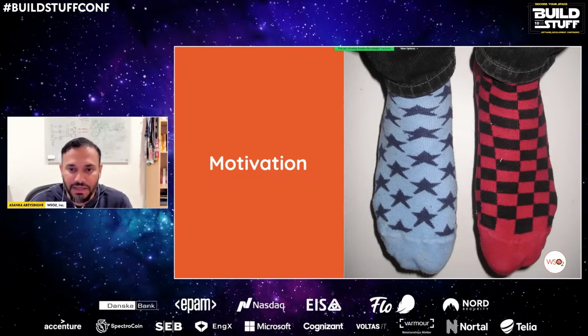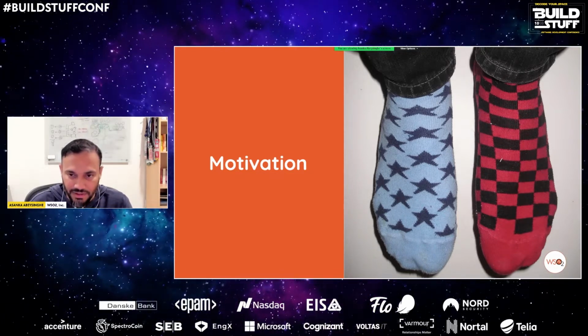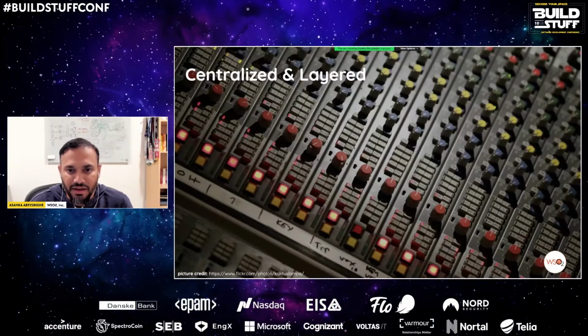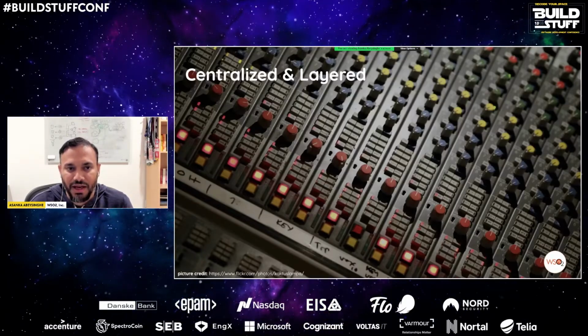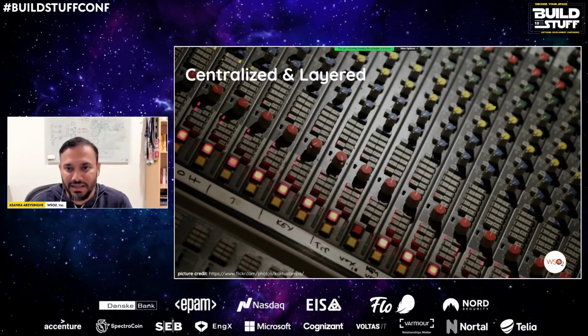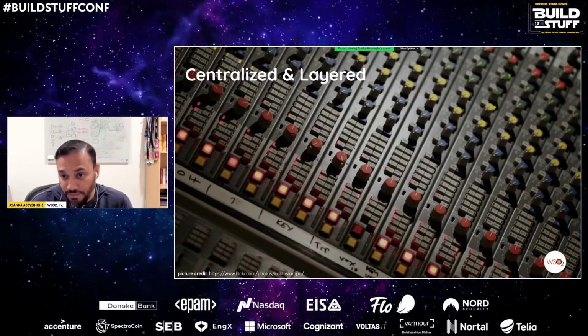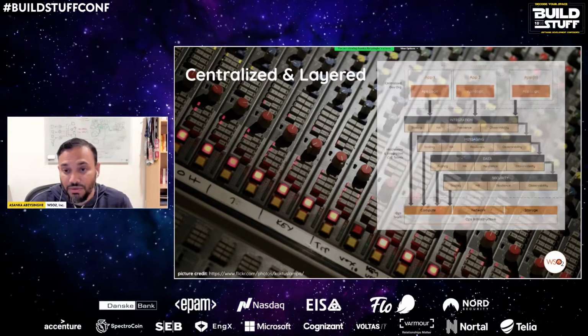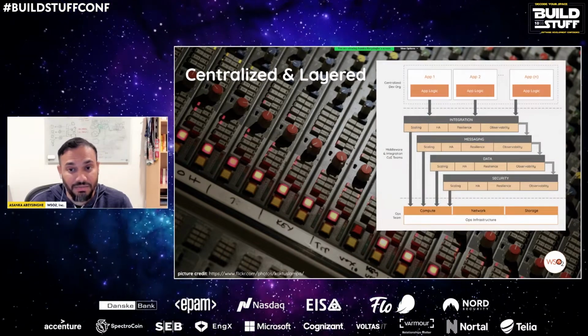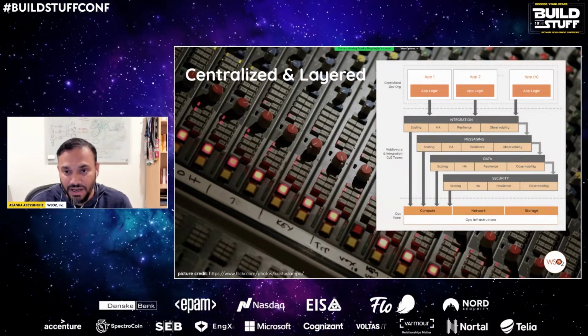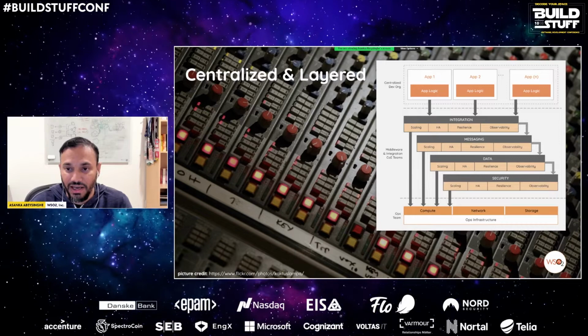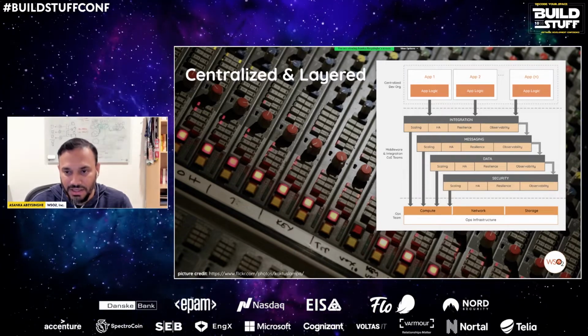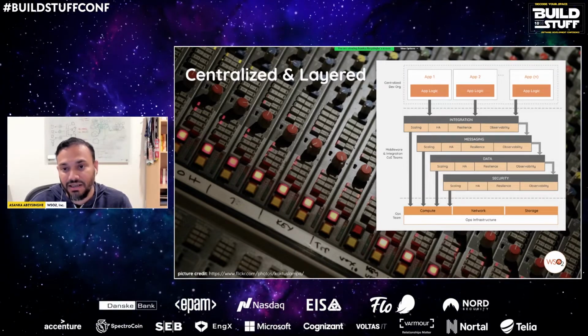That mismatch was my first motivation. Then, most of the architecture styles are centralized and layered. This is a problem. Even if you are using microservice architecture, when you fit it into an enterprise, it fits into one layer of the entire spectrum. I'll explain that in detail in a different slide.